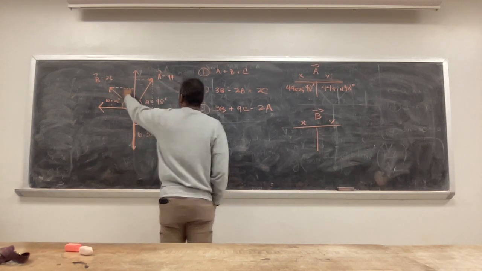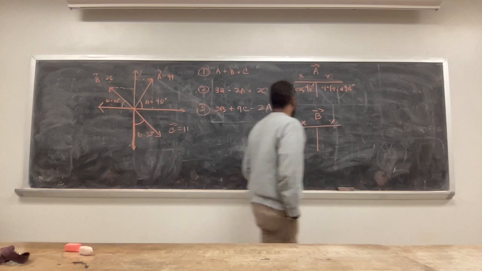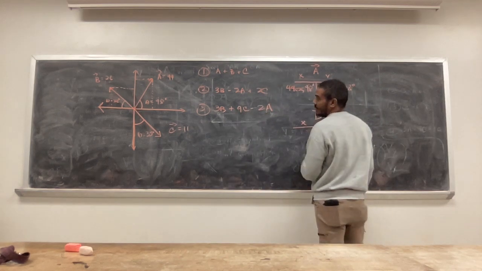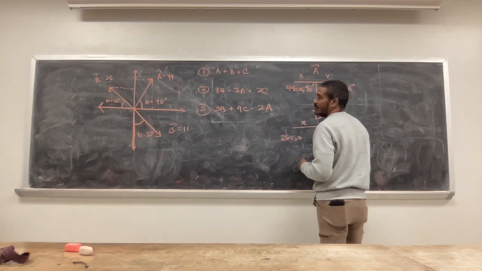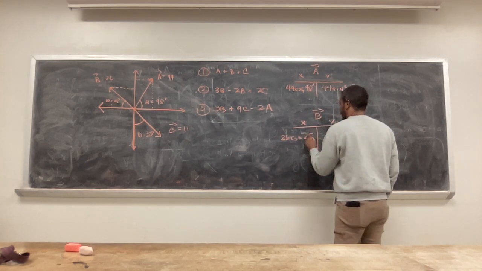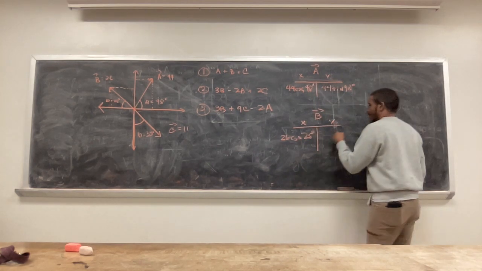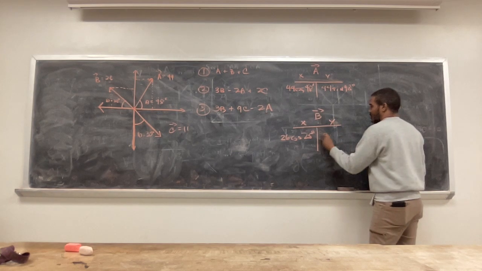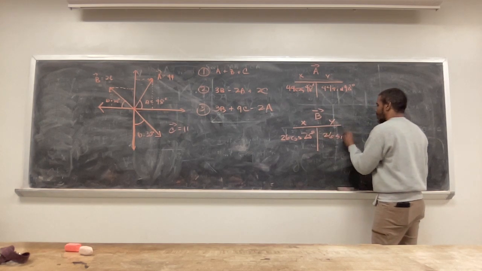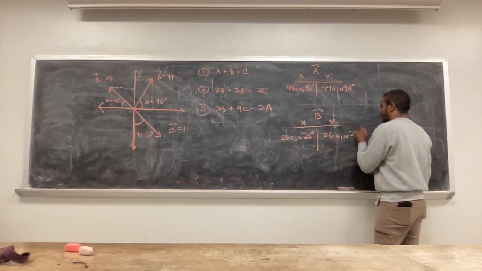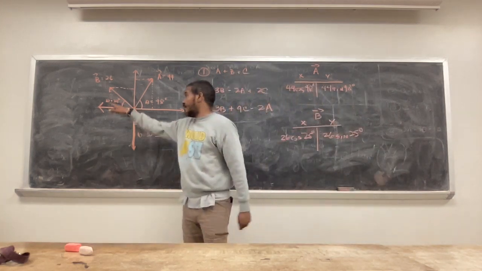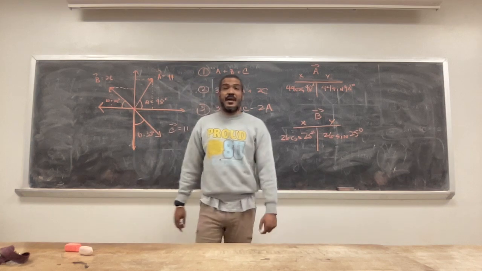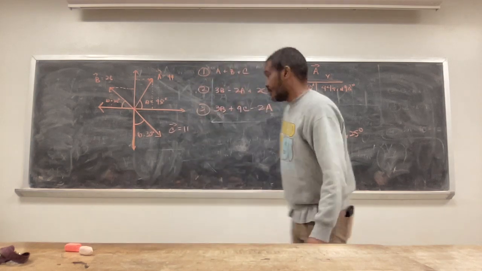So for the x, we're gonna do what? Cosine, right? So it's gonna be 26 cosine of 25 degrees. And for the y, 26 sine of 25 degrees. And of course, since we're in the second quadrant, our x component is negative.